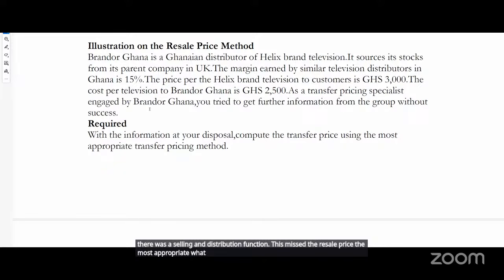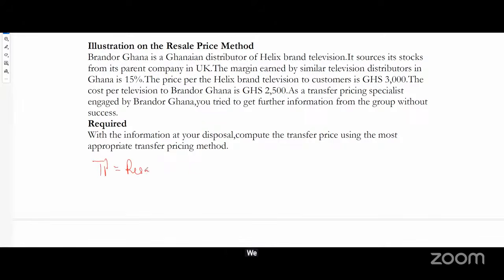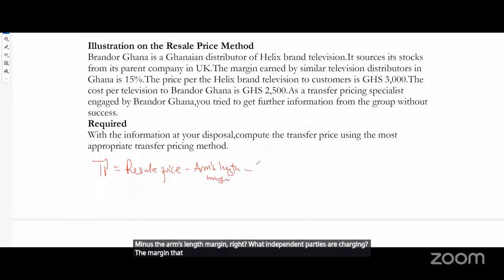So how do we determine the transfer price? That's how much you should have bought from the parent. We said it is your resale price minus the arm's length margin, the margin that independent parties are charging, minus any little value you add. Here there was no value at all.